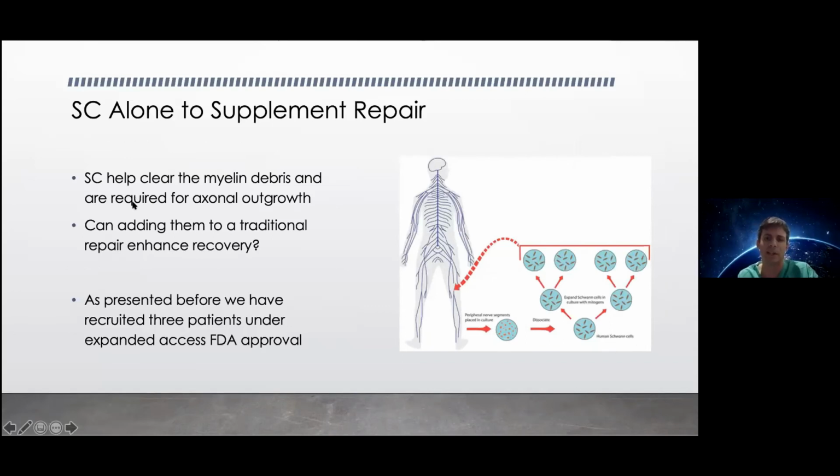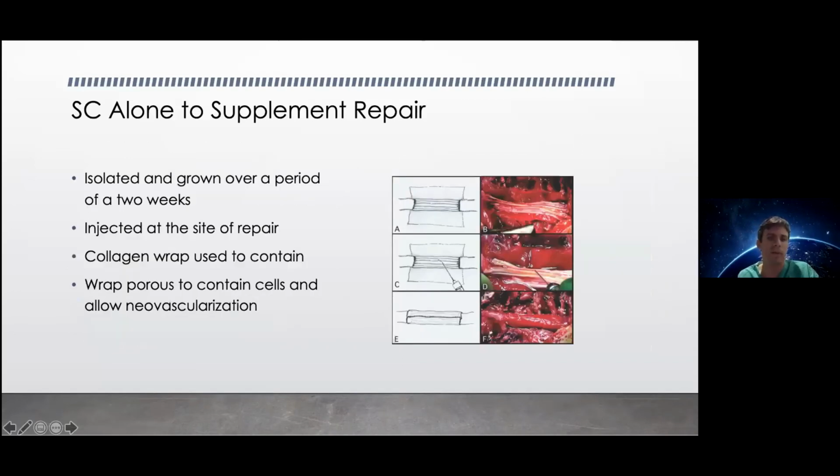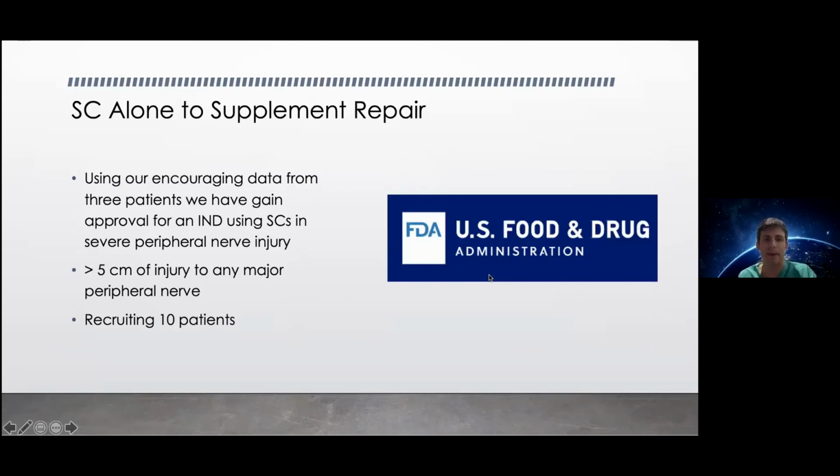What about just adding Schwann cells alone in nerve repair? And this is what's ongoing now in our clinical trial. This is basically the procedure laid out. This is what it looks like intraoperatively. And we inject the Schwann cells into the nerve repair site, as you can see here, with autograft also used. We wrap it.